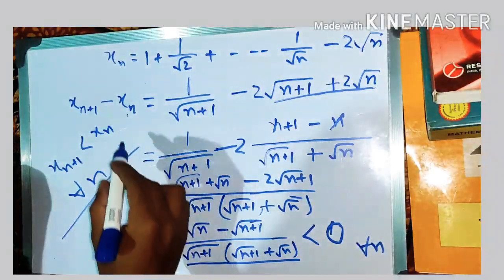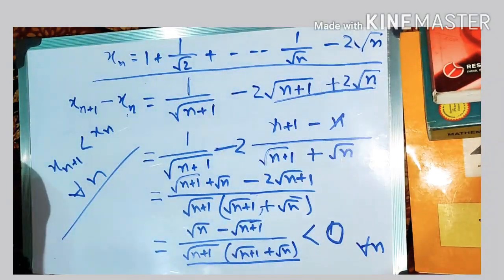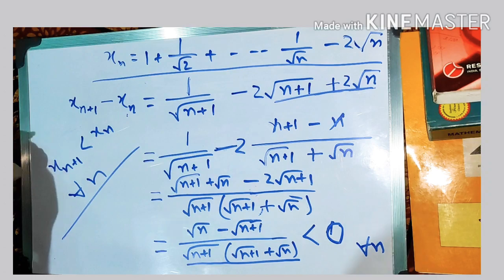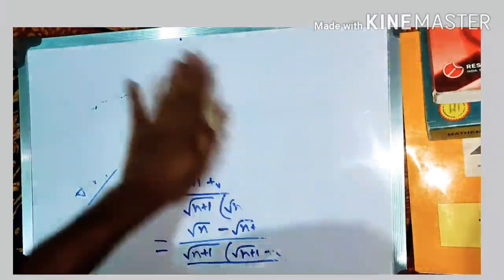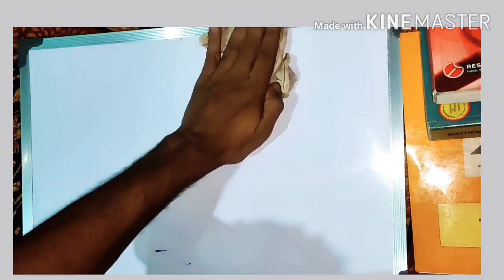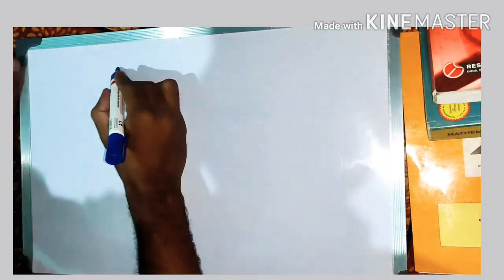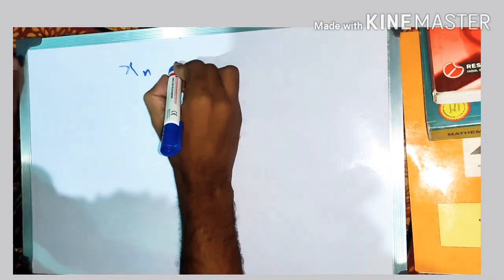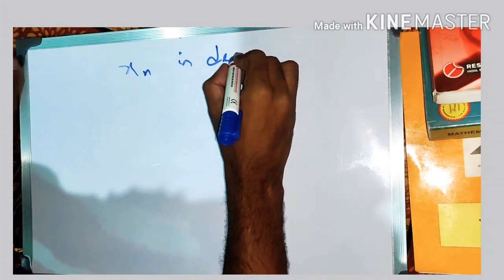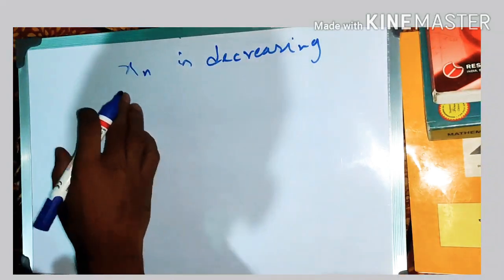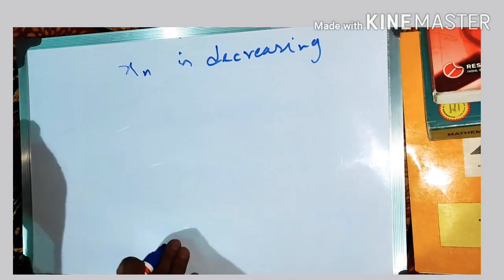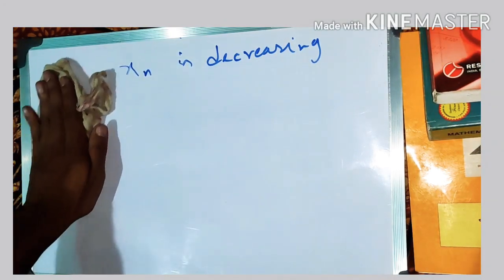So the sequence is decreasing. There are just 4 options: increasing, decreasing, oscillating or constant, so xn is decreasing.